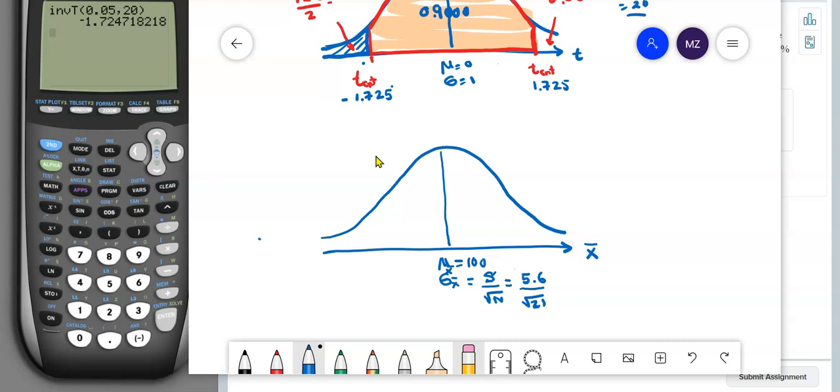Now if I want to get the two confidence intervals, remember I'm going to cut this in such a way that I will get 0.9 in the middle. All right, so what will be this x bar here and this x bar here? So what will be this value here and this value here? So there is an error that we're going to be calculating, which is e, the distance.